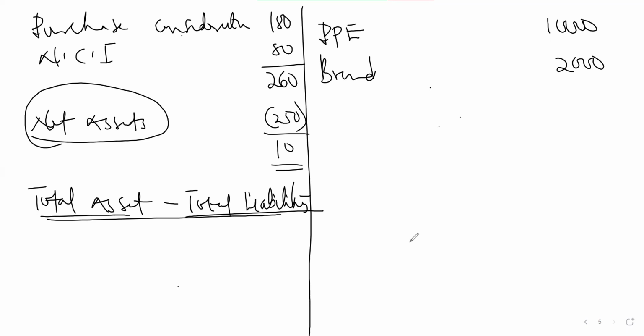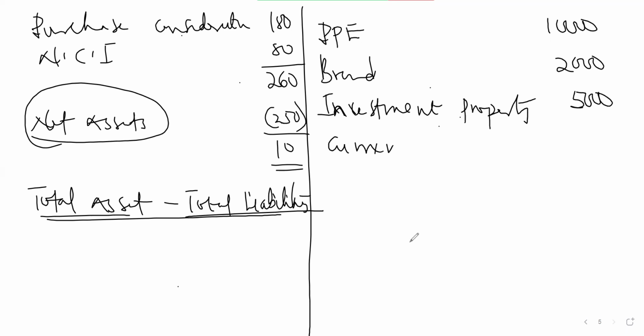Let me see what I have again. Maybe PPE. Maybe they also have investment property or maybe financial asset. Yeah, it depends. So investment property of 5,000. Okay, then they will just give you the current asset. They have given you current asset of maybe 8,000. Okay. Then let's say they have given you current liabilities.